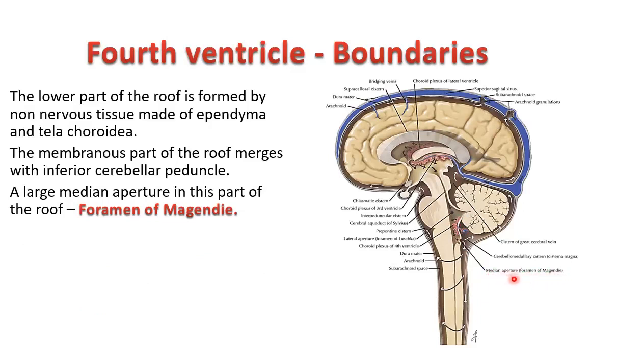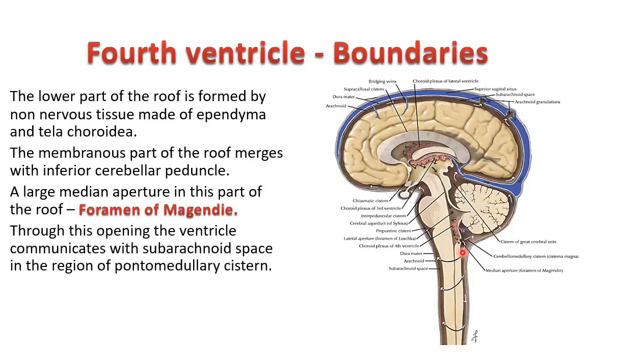So the foramen of Magendie is a median aperture which you see in the lower part of the roof through which the CSF escapes, and you are able to see there is a large collection of CSF in this place called the pontomedullary cistern or the cisterna magna.